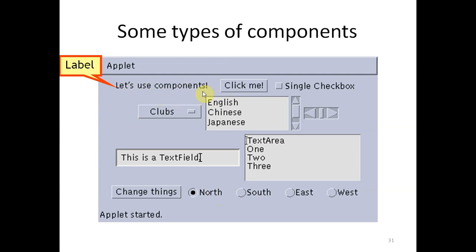Let us use components, and this is a button, and "Click me" is the caption of this button, and again the same button, and this is a checkbox, and this is a choice button, and this is a list. We can select more than one item from the list, and this is a scroll bar. We can use this scroll bar in AWT and Java Swing.